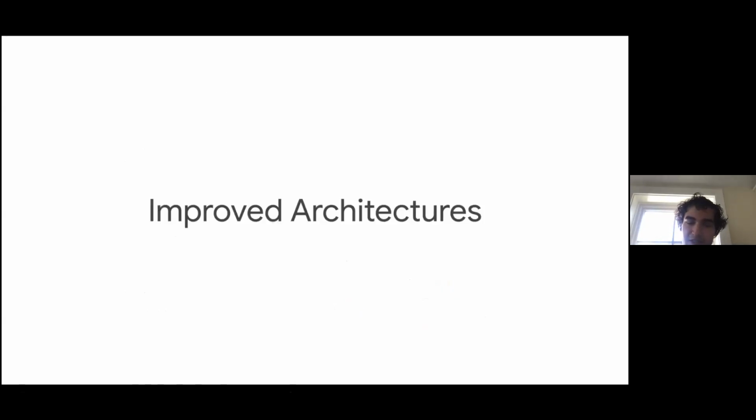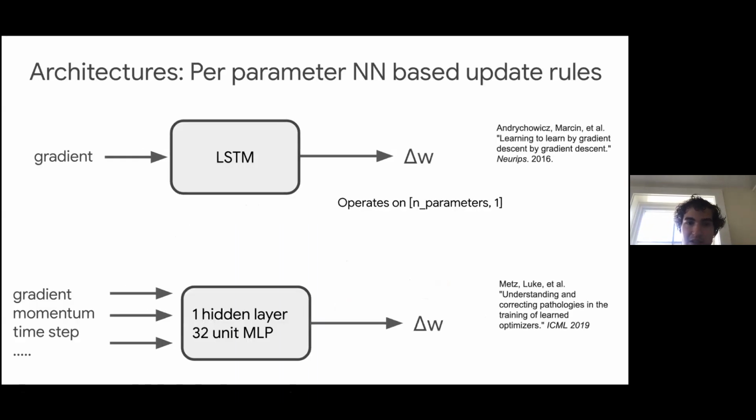The next thing we did to try to get towards general purpose optimizers is improve the architectures. Most existing work uses relatively simple parameterizations of optimizers.